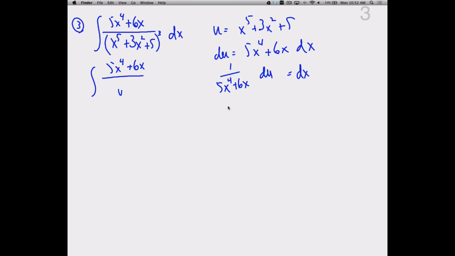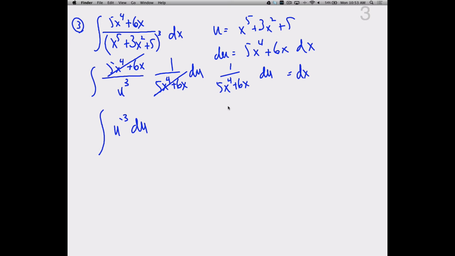The bottom becomes u cubed, and then I sub in for dx. dx is 1 over 5x to the fourth plus 6x du. We get the canceling here, and therefore this becomes u to the negative 3 du. Any problems there?